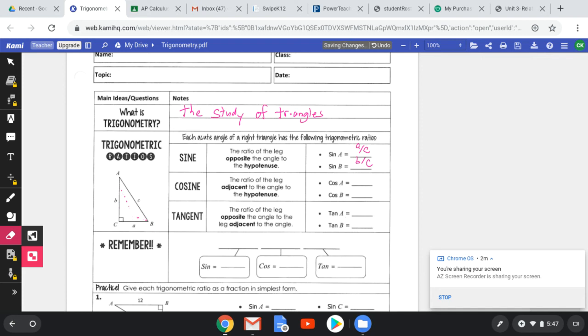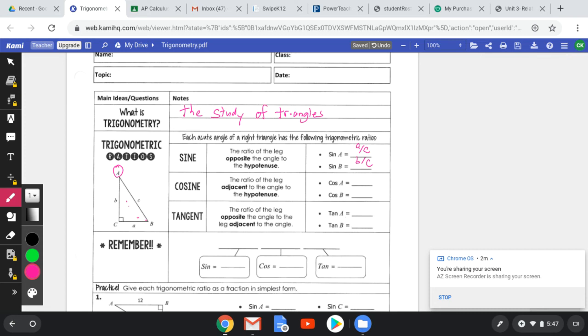Cosine, as it says here, is the ratio of the leg that's adjacent to the angle over the hypotenuse. So if I look at cosine of A, here's A again. Technically there are two sides that are adjacent to the angle, little b and little c.